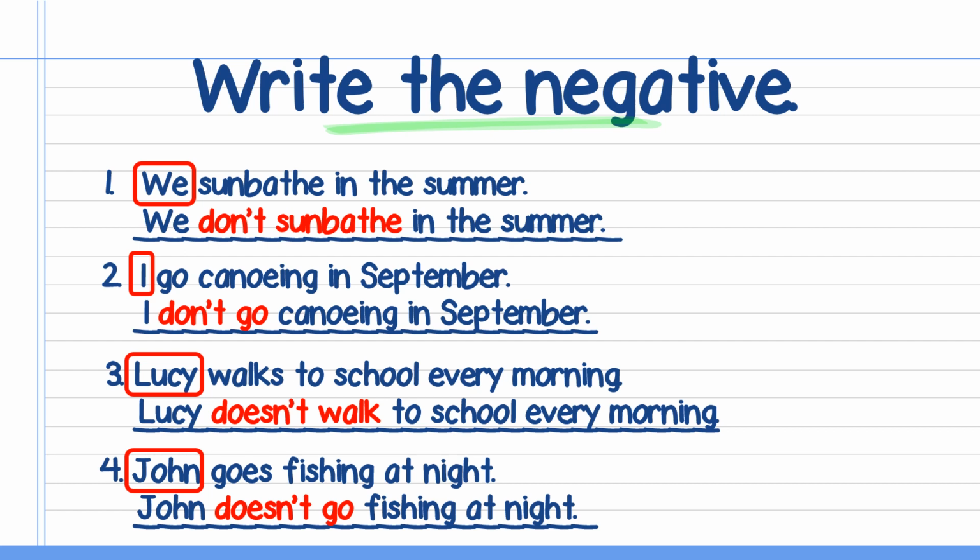So the main verb doesn't take an ES. So we cannot say John doesn't goes fishing at night. So that's why the answer is John doesn't go fishing at night.